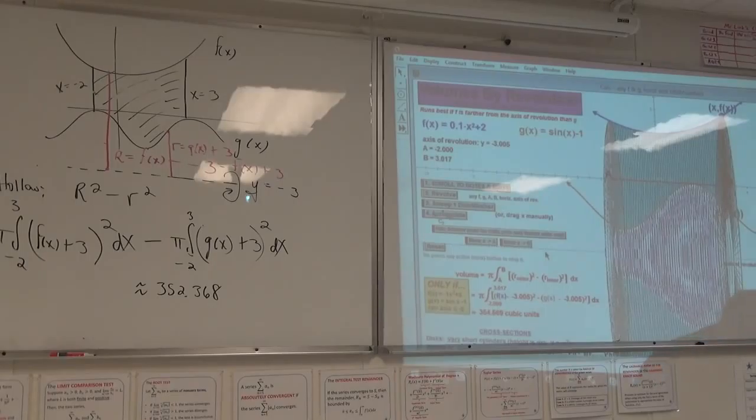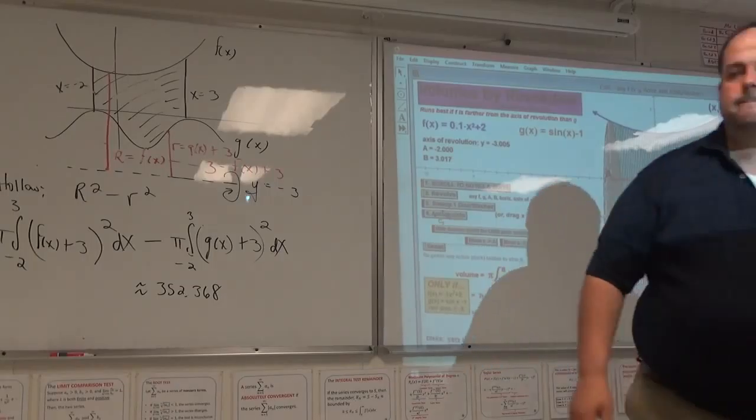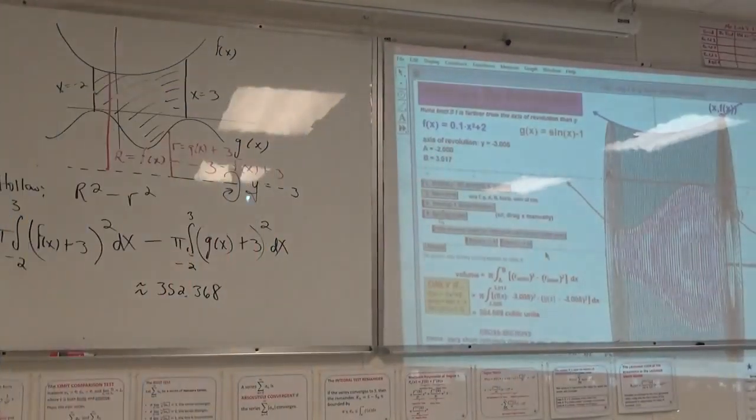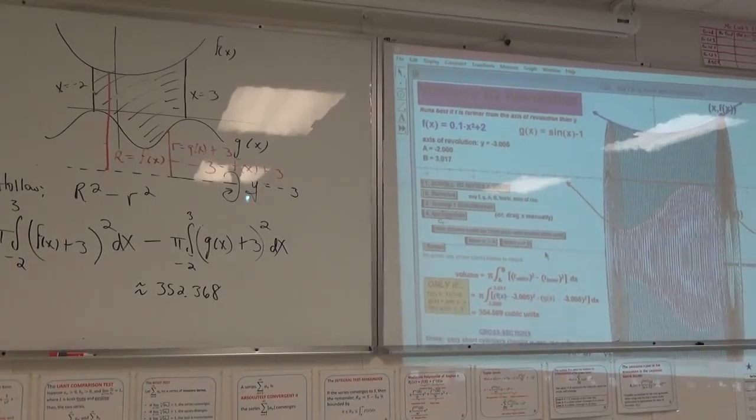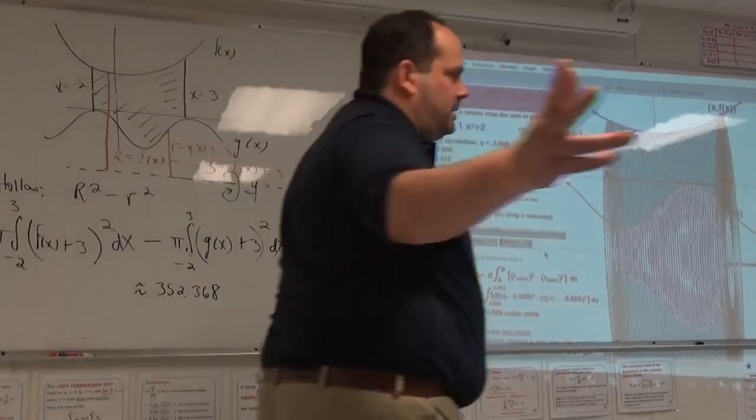Yeah, now that you've got it set up, I want you to finish this part without the calculator. Right, so I want you to get some practice now with it. Integrate, evaluate, simplify. The r squared is happening, honestly, all the time.